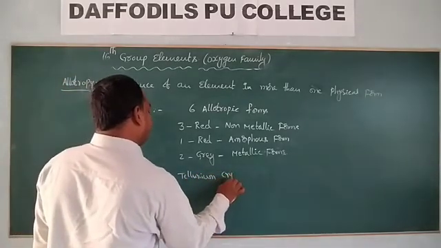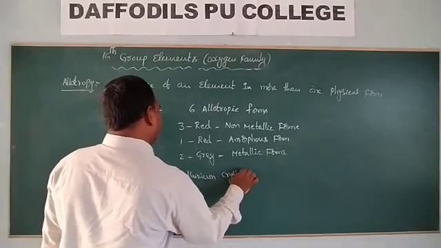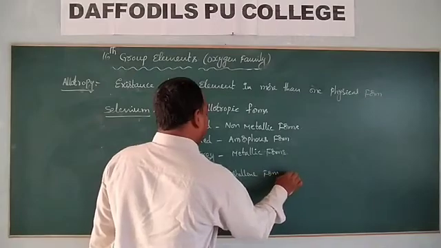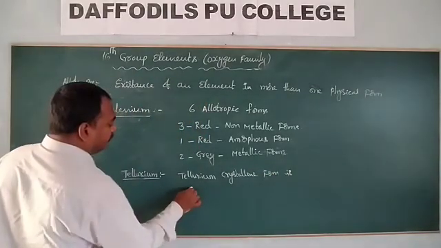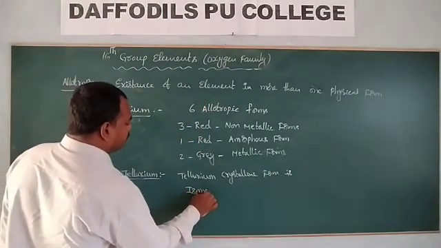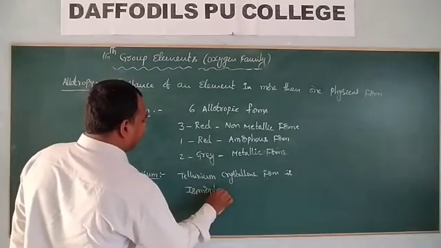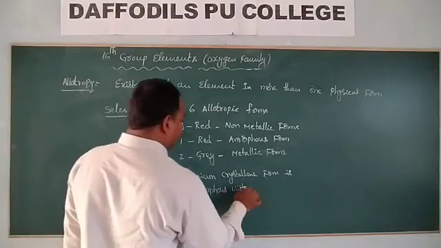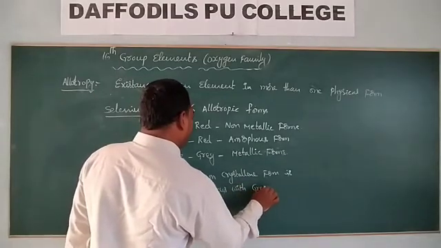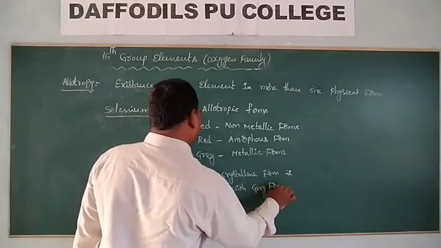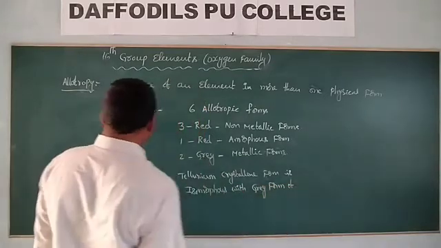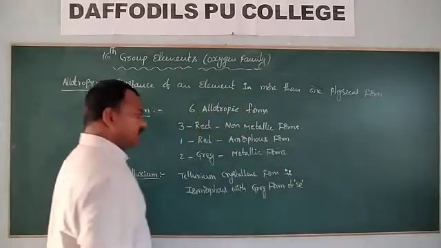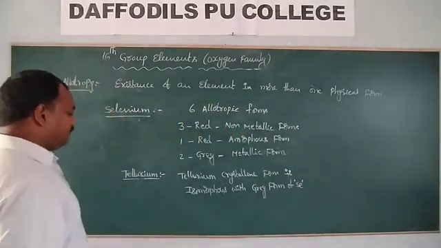Tellurium crystalline form is isomorphous with the gray form of selenium.